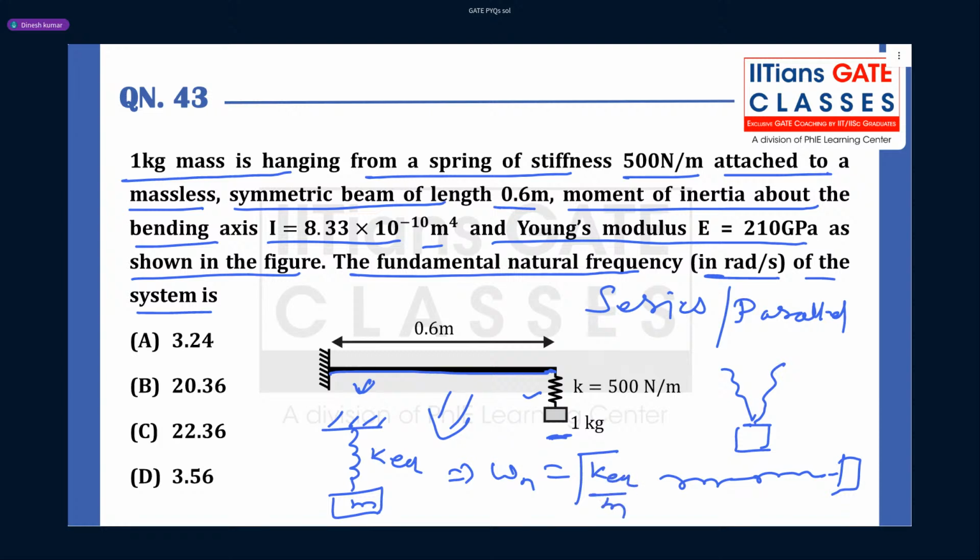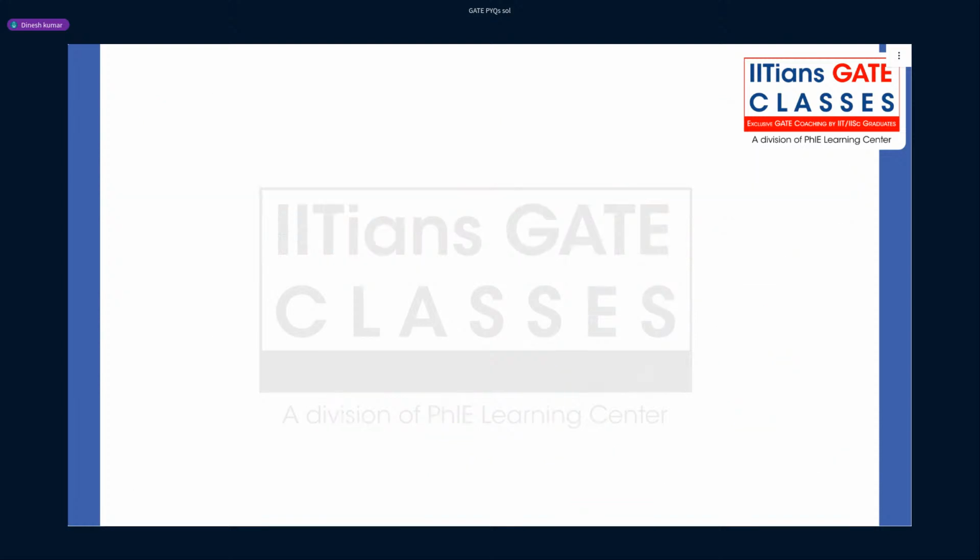So what is important to find here is K equivalent. Whenever you have a series combination, we know K equivalent is K1 K2 by K1 plus K2. Am I correct for series combination? Yes or no?